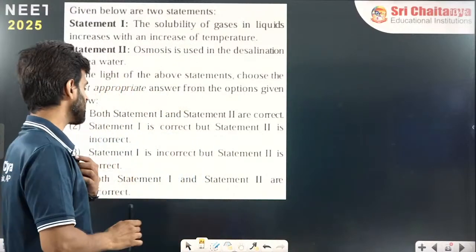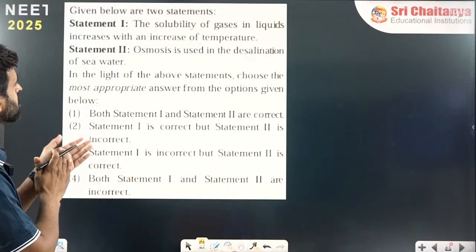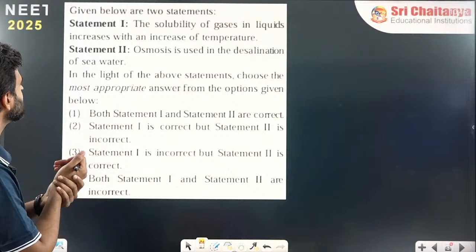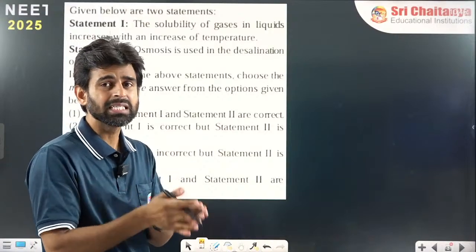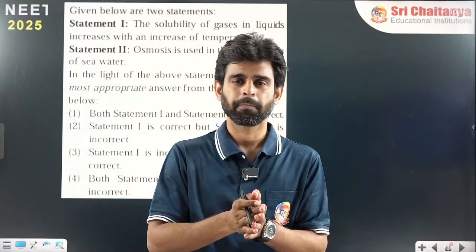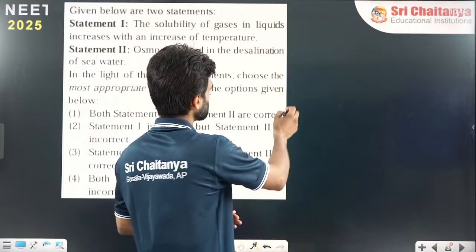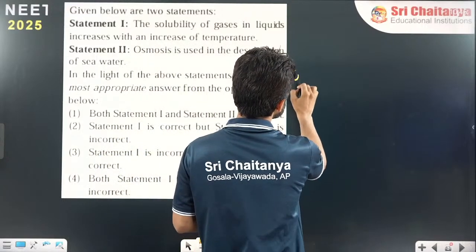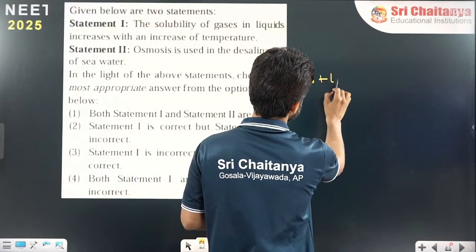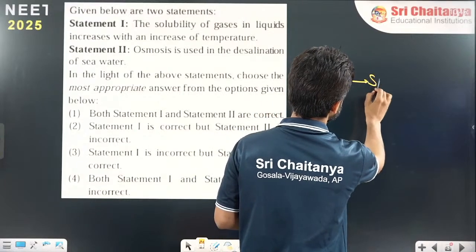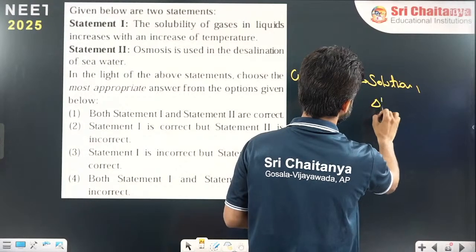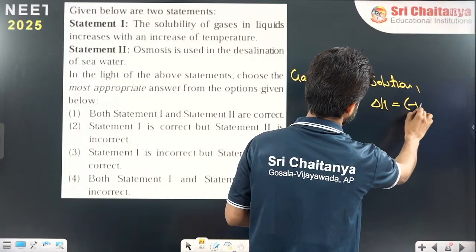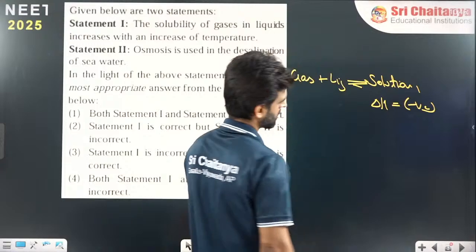Okay, now the next thing: the solubility of gases in liquid increases with increase in temperature. Solubility of gas decreases with increase in temperature. We can explain it by two points. Whenever you mix a gas in liquid to make a solution, actually this is exo.